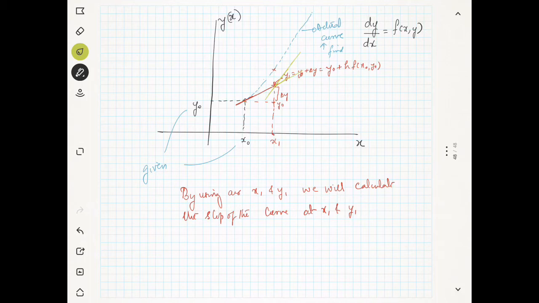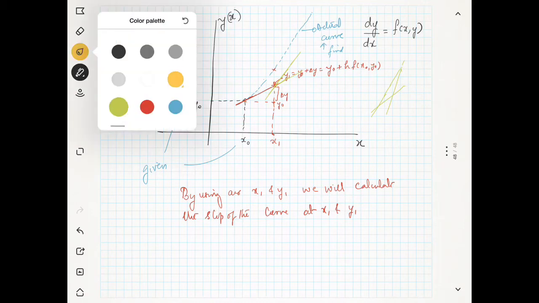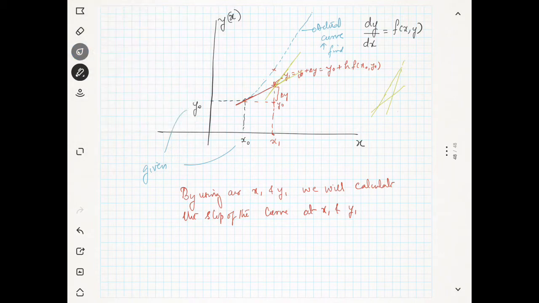So you will be taking the average of these. You can see that one slope is passing like this and one is like this. The average may come in between, right? So you will find the average of these two slopes, and you may get a slope something like this.